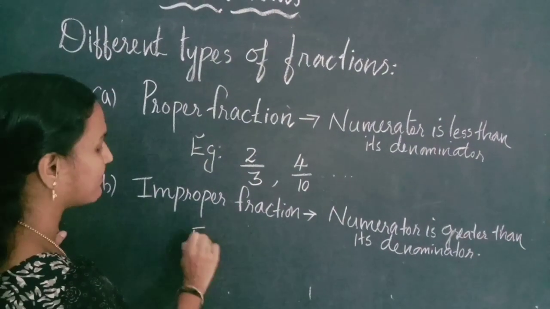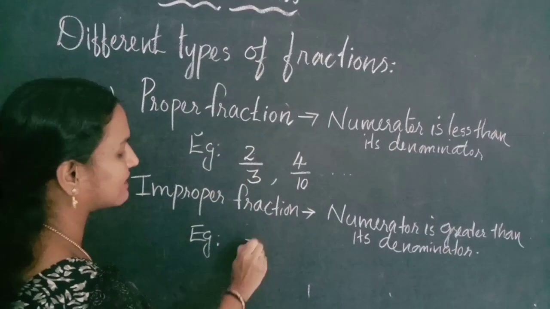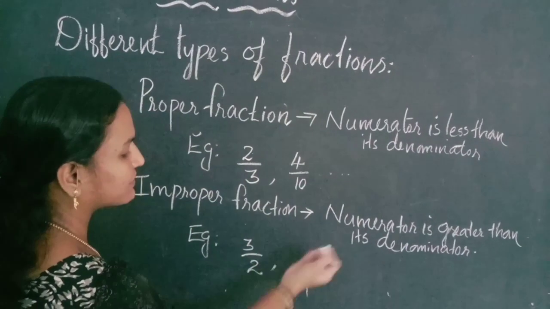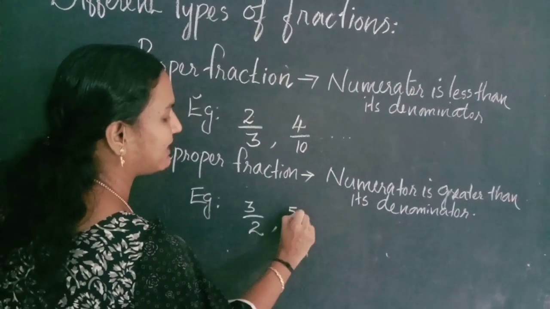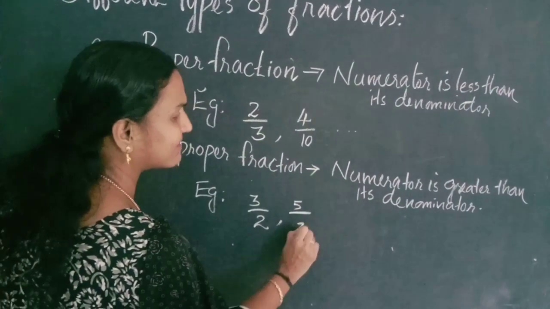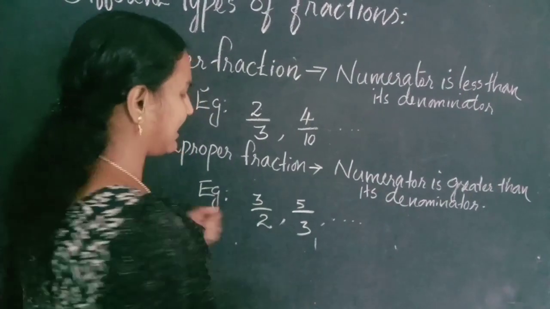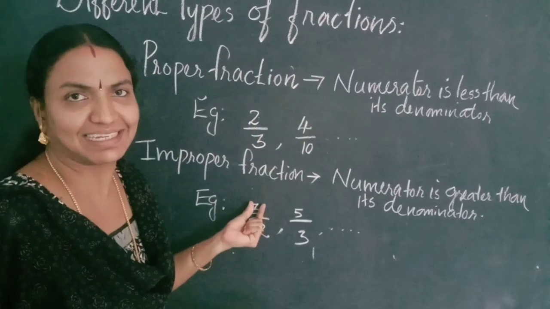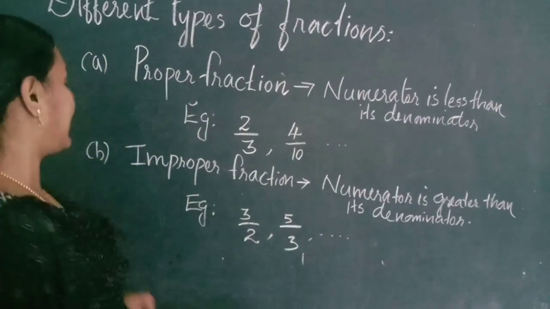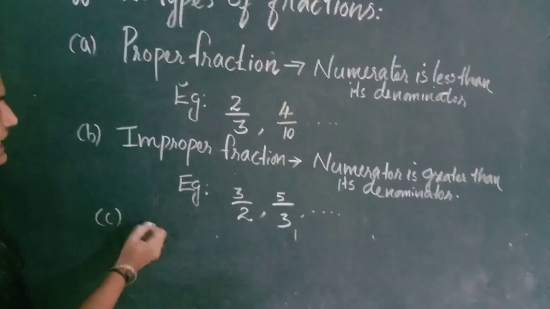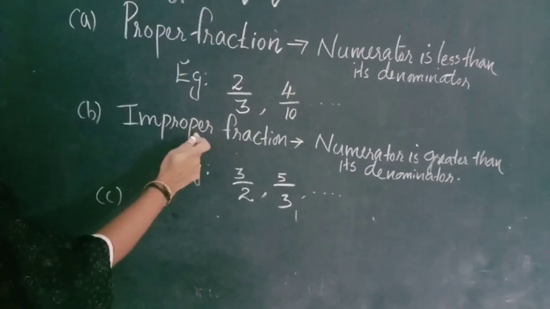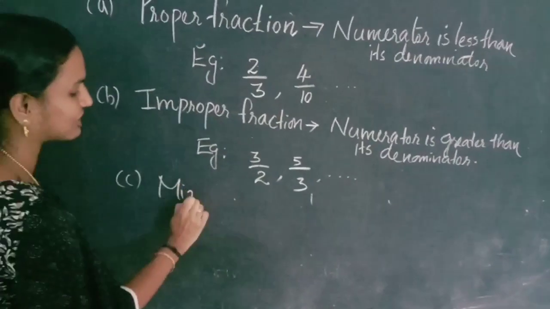For example, 3 divided by 2, then 5 divided by 3, etc. Here the numerator is greater. Then the next fraction, after proper and improper, is the mixed fraction.